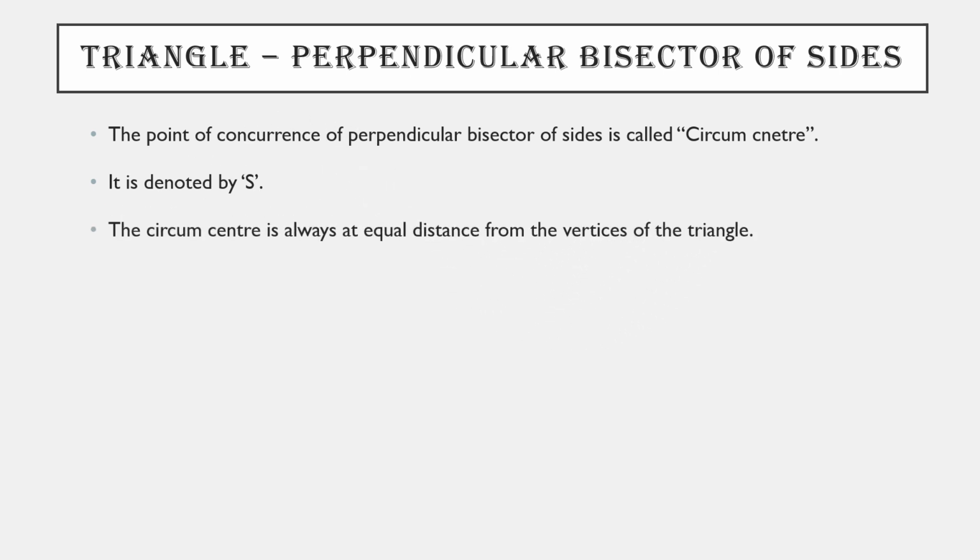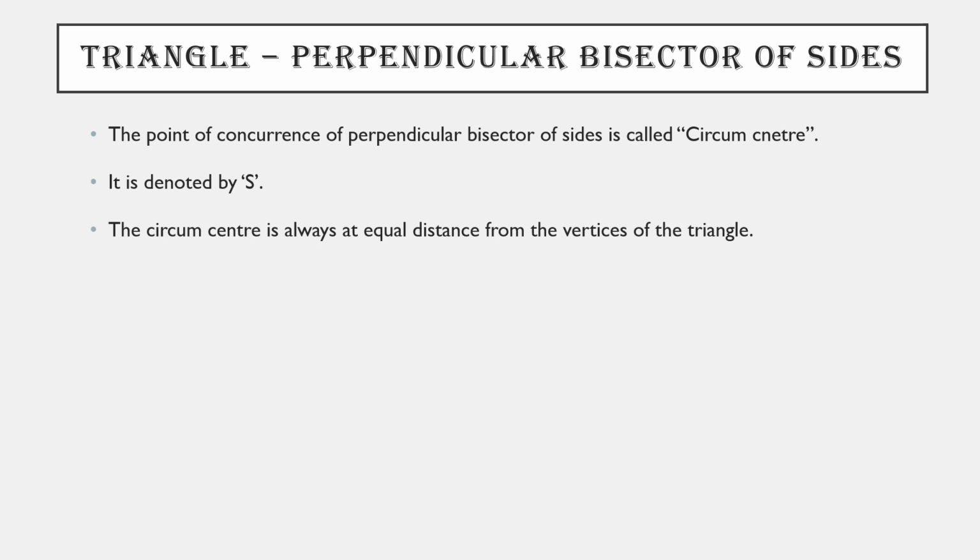And there is an important property for the circumcenter. You can take any type of triangle. It may be an acute angled triangle, obtuse angled triangle, right angled triangle, scalene triangle, isosceles triangle, or equilateral triangle.